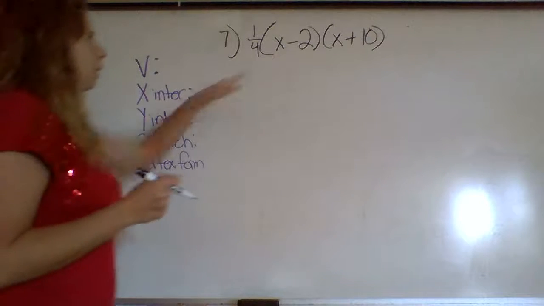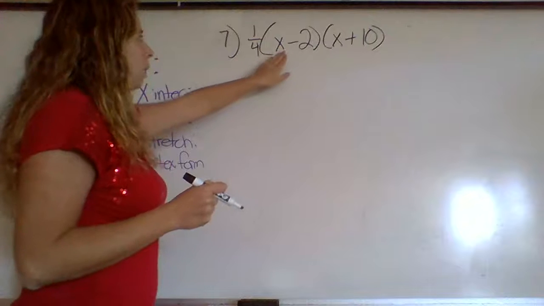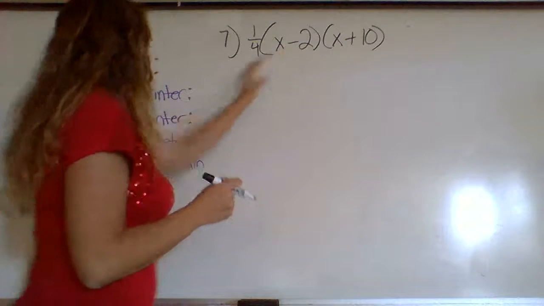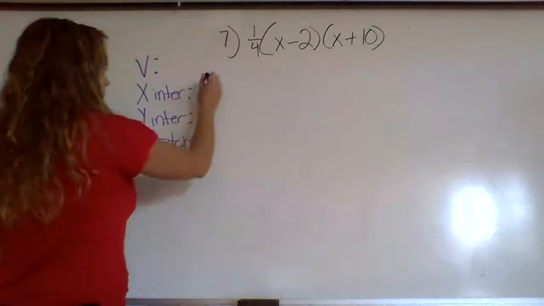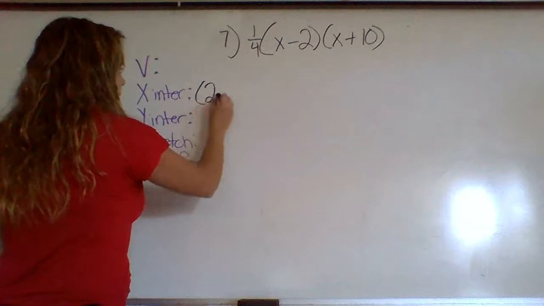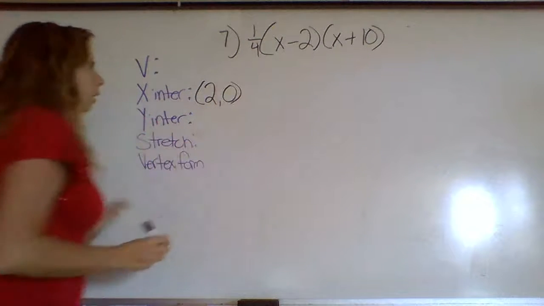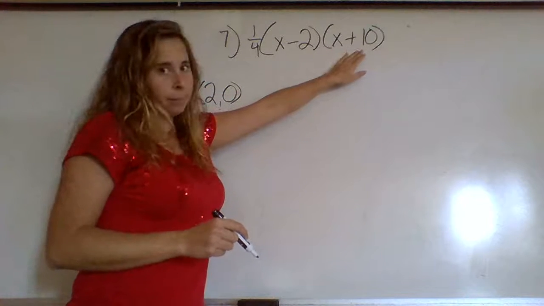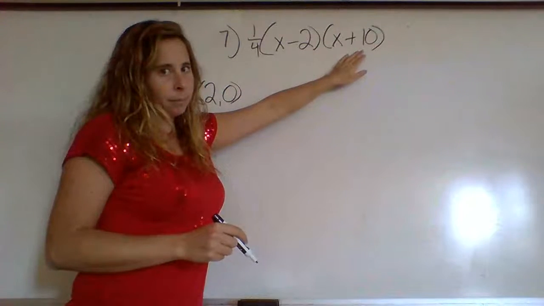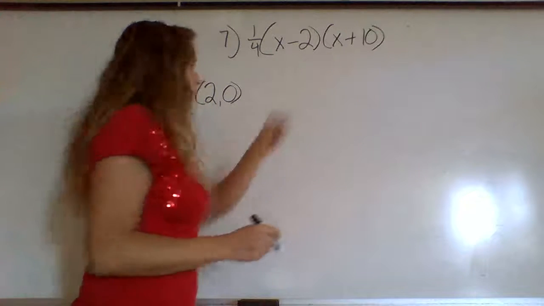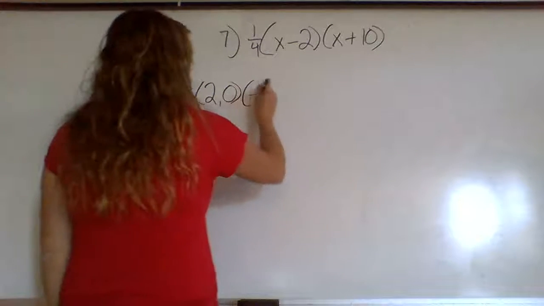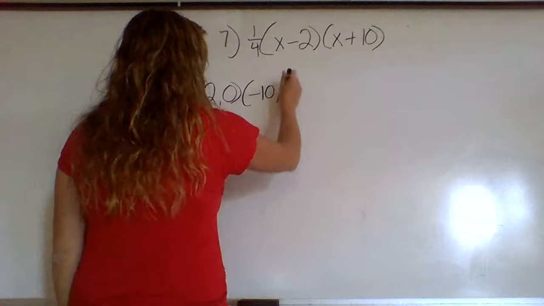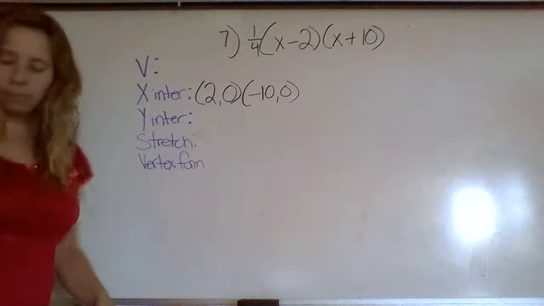They are the opposite of what is inside. So this is x minus 2, so one of your x-intercepts is (2, 0). The other one, x plus 10, is (-10, 0). Those are your two x-intercepts.